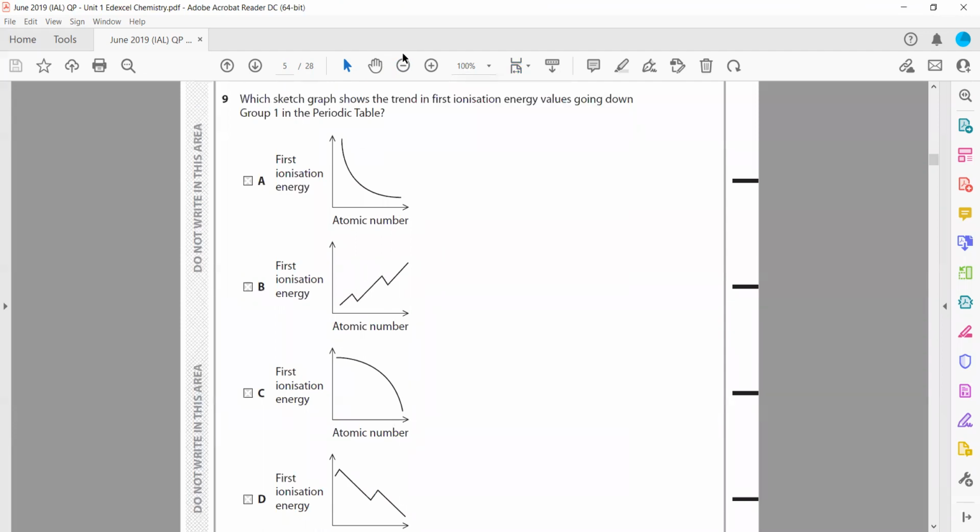C shows that initially it is changing a little and then a greater change, but it is opposite, because initially there is a greater change and then it is approximately constant. That's why A is the right answer. This trend is there across the period, and this is there down the group.